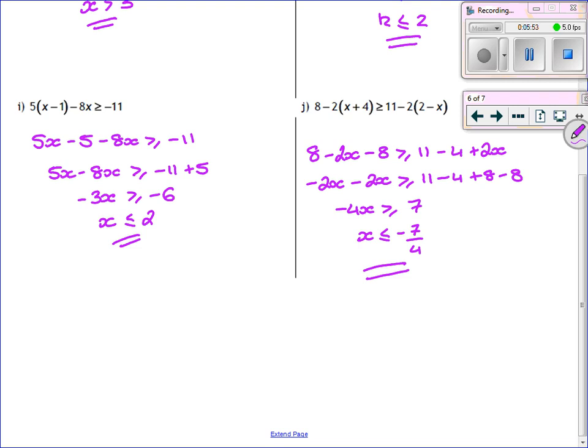It's incredibly simple. Key thing is, it's the exact same as solving a normal equation, but thing to watch out for, if you're dividing or multiplying even by a negative, then all you do in that last stage is just flip your inequality symbol around. That's the only difference in solving the equations.